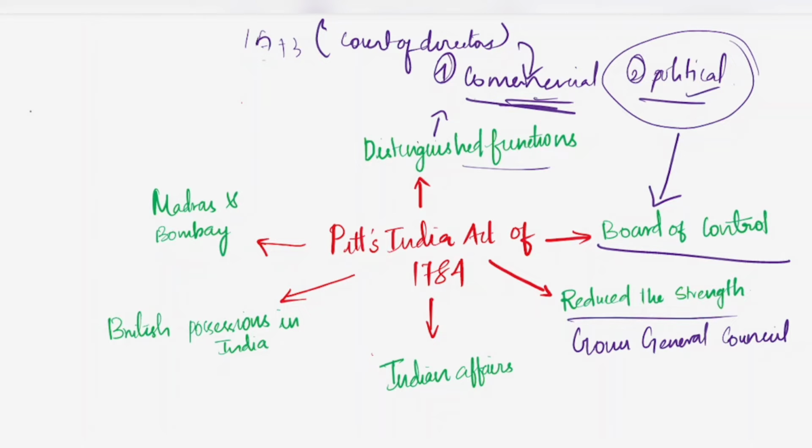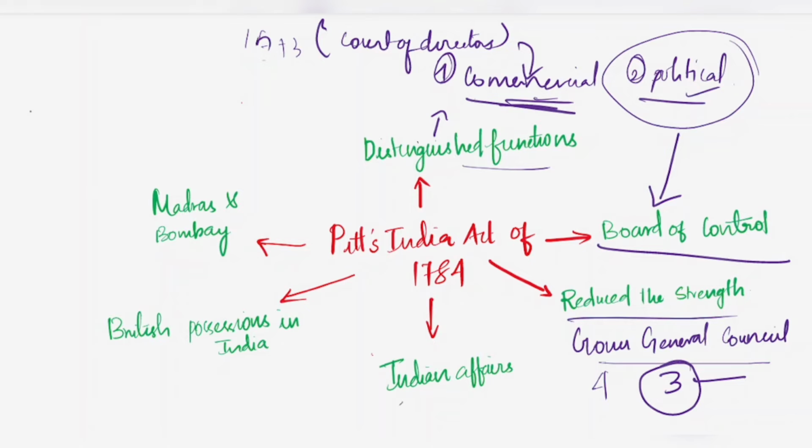Only then will you be able to connect the events that happened in Indian history. As part of the 1773 Regulating Act, a Governor General's Council was created, and through this act the strength of this council was reduced to 3. As we know, there were 4 members earlier and 1 person was reduced, so now there will be only 3 persons.